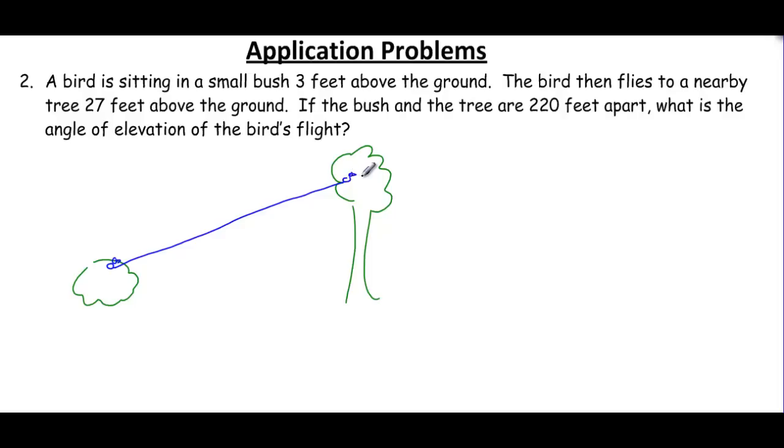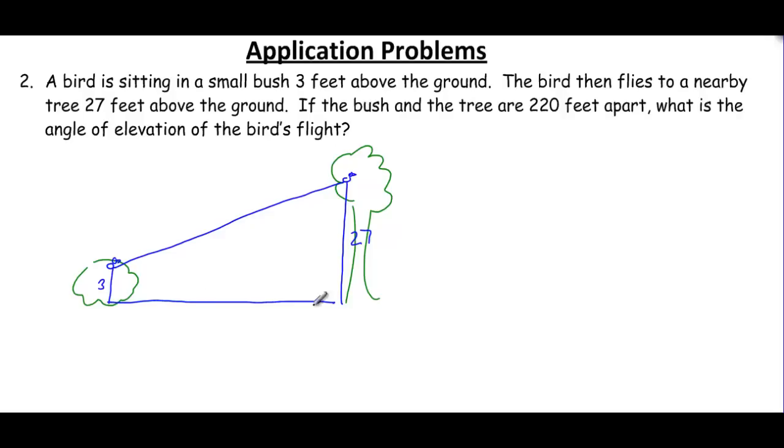So what do we know? We know right now that the bird is 3 feet above the ground. And we know at the end, the bird ends up being 27 feet above the ground. But if I draw on the ground, that's definitely not a triangle. It's a four-sided figure. It's actually a trapezoid because these sides are parallel. So how do I get a triangle in there?